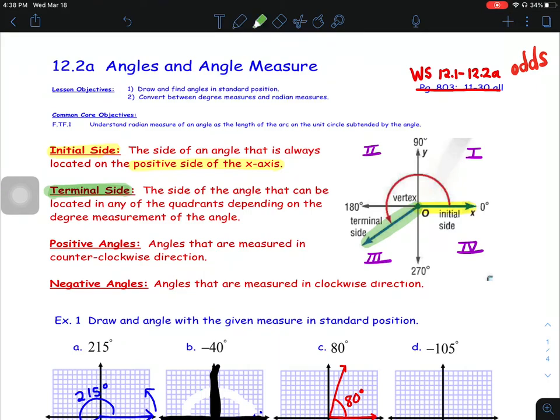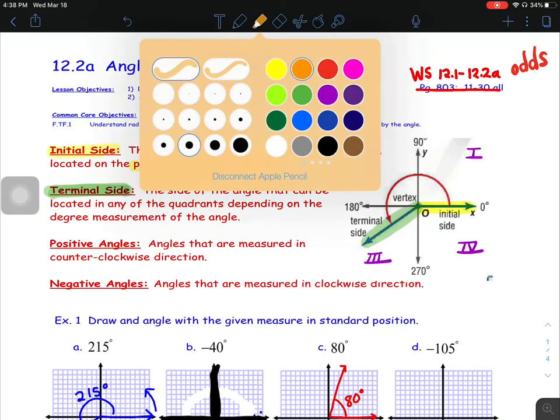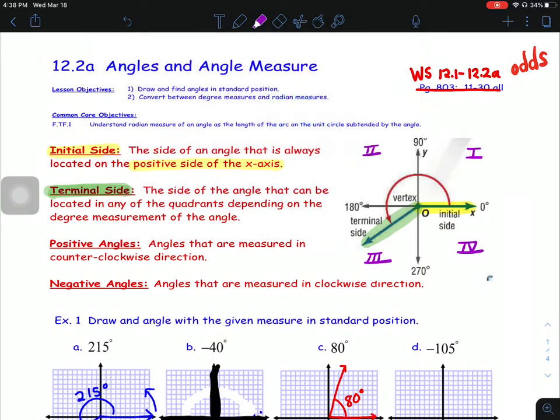Now, you probably have only thought of angles as being positive, but angles can actually be negative as well. When we talk about a positive angle, that means we start at the initial side and move in the counterclockwise direction.